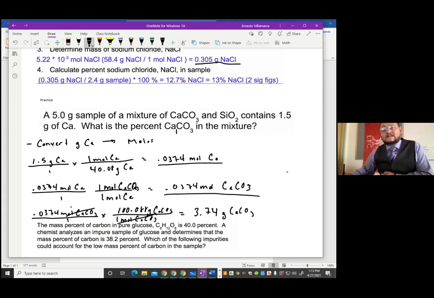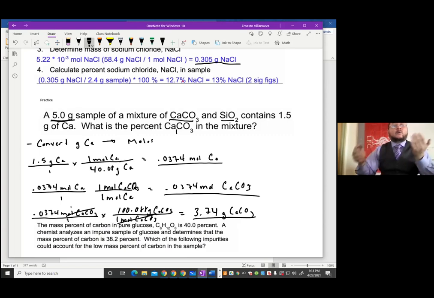Okay, so this is how many grams of calcium carbonate are in the sample, right? So here's what it means. I have a 5-gram sample, right? The whole sample is a mixture of the 2 solutions. It's a mixture of this guy and this guy. So by being able to determine the amount of calcium, I was able to calculate how much calcium carbonate is in the sample. Are you with me so far? So of the 5 grams that we have, 3.74 of those grams are calcium carbonate.